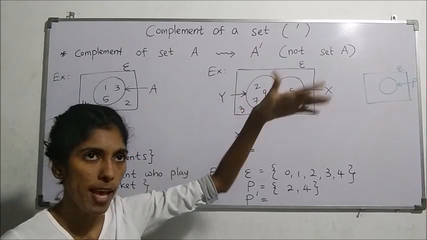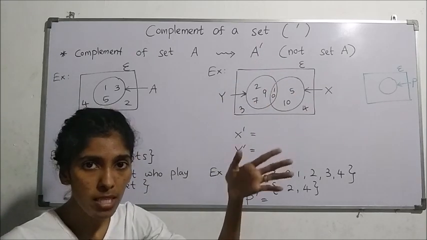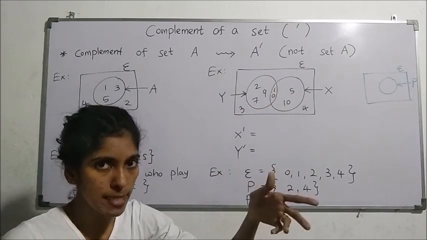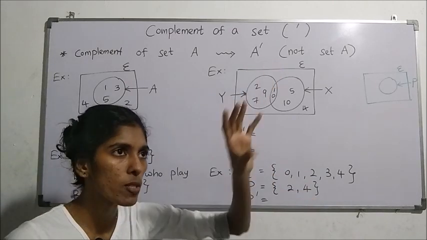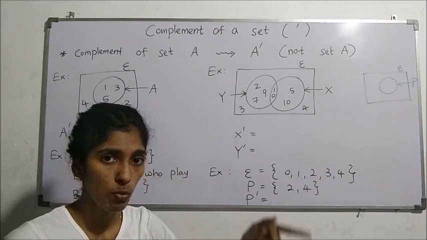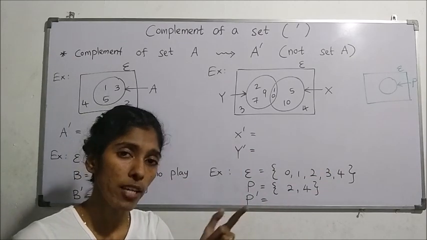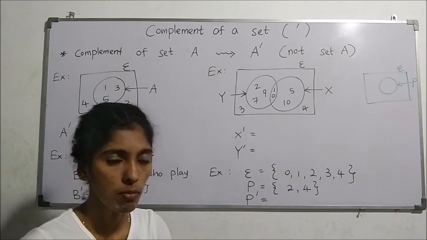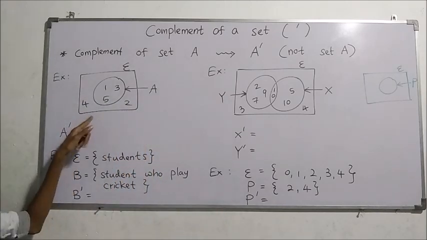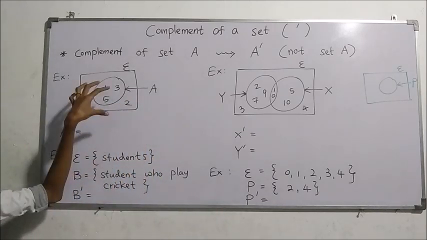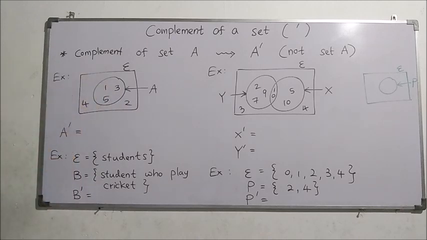Whenever you see A dash, B dash, Q dash, that means the complement of that particular set. That means not set A. Whenever you see P dash, it means not set P. When you see Q dash, it means not set Q, but the rest of the things can be included. For an example, I have given you one subset which is included in the universal set.